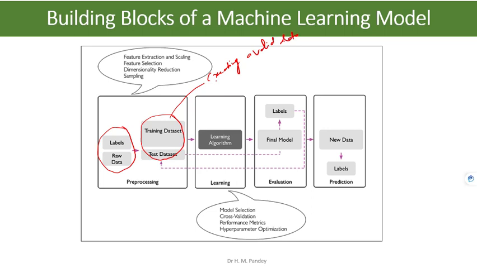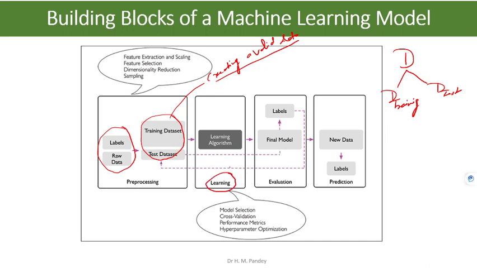If your dataset is D, you are creating two parts from this dataset D. The first can be called D training dataset and the second D test dataset. This is what you will do, and then you will start the learning process.